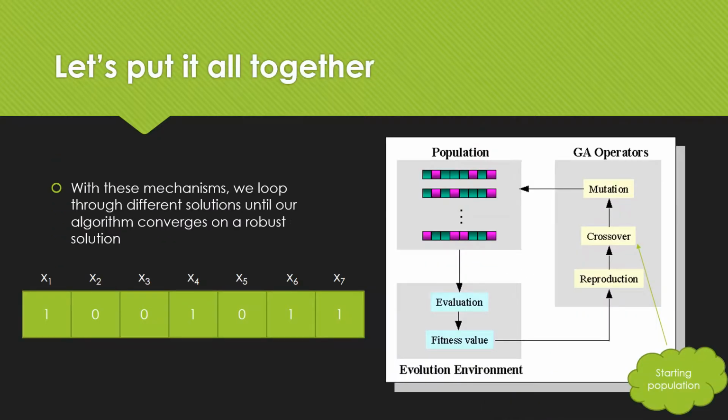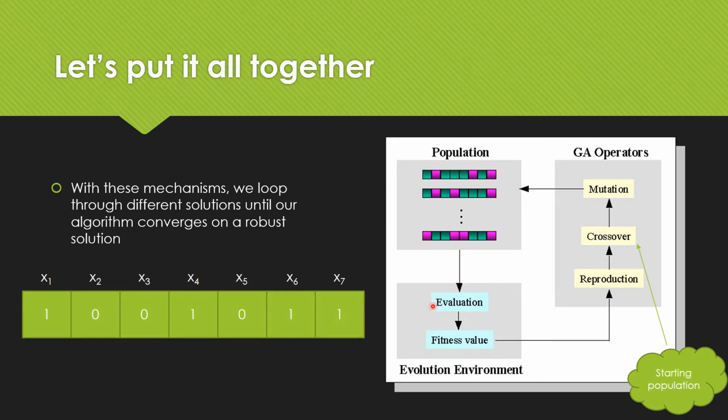So let's try and visualize this process now that we've seen all the mechanisms. Essentially, you start with a population of random solutions. So this is our initial pool, and there's a good degree of variance in here so that when we get to the crossover stage, we can come up with new solutions which are very different. And then some degree of mutation occurs where bits are randomly flipped. And then you end up with this new population of children and parents.